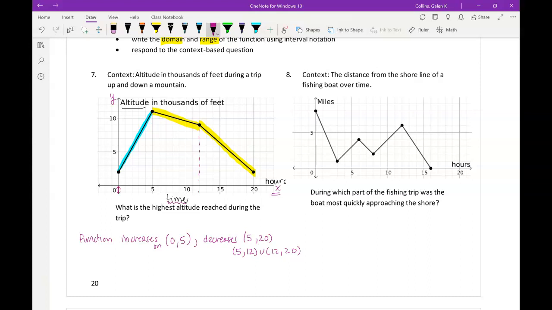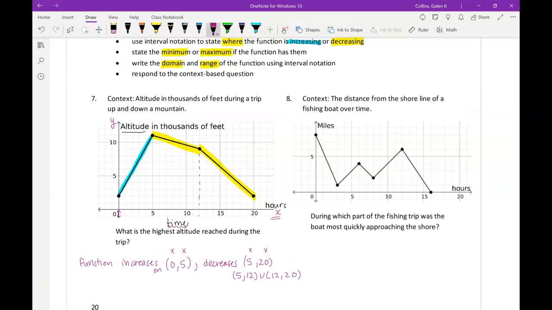And it just tells us that the graph is decreasing from 5 to 12. Technically, we interpret that symbol to mean or, so it's decreasing from 5 to 12 or from 12 to 20. So again, these are not ordered pairs. These are values of x. And this is interval notation, and I know it looks a lot like an ordered pair.